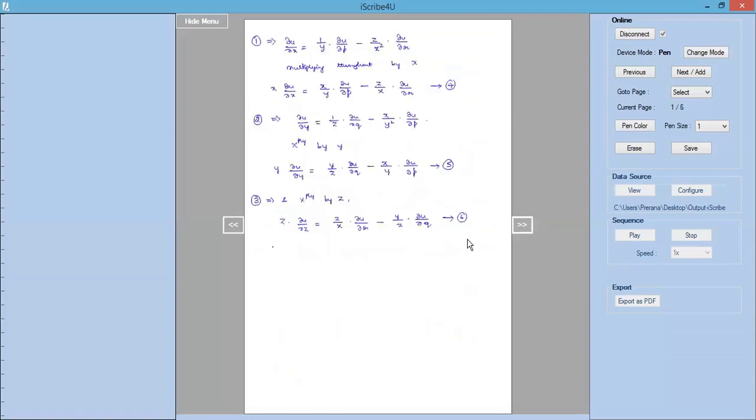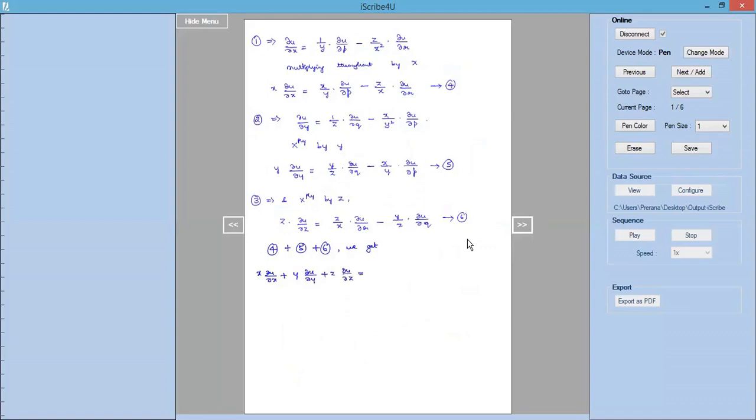So adding up equations 4, 5 and 6, we get on the left hand side x into dou u by dou x plus y into dou u by dou y plus z into dou u by dou z.